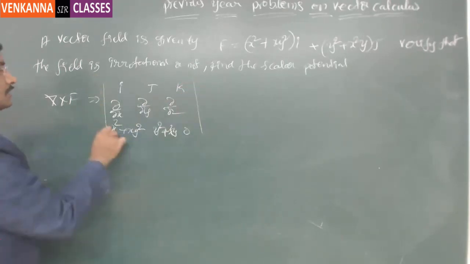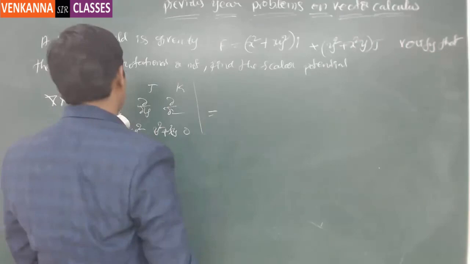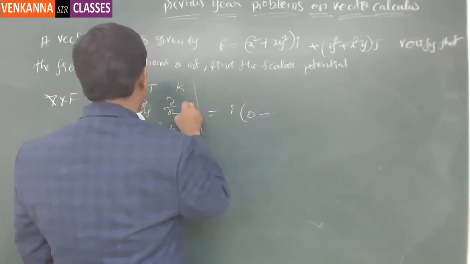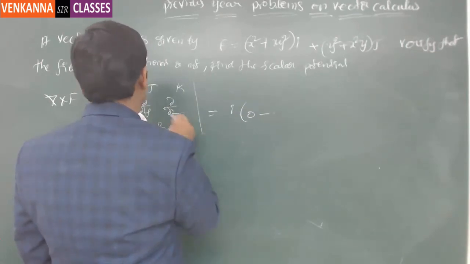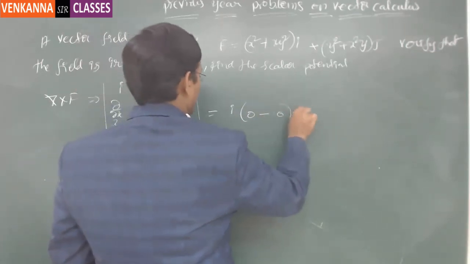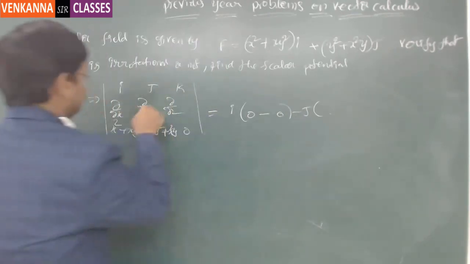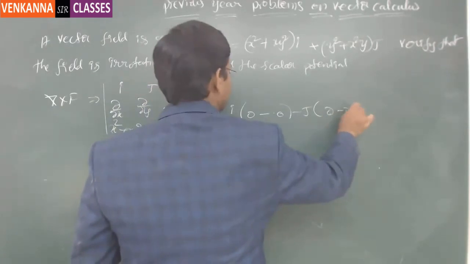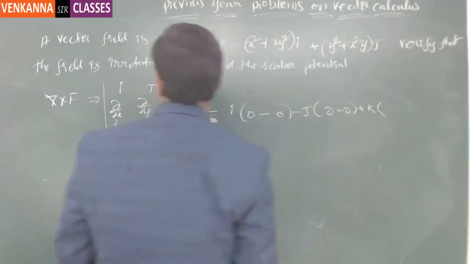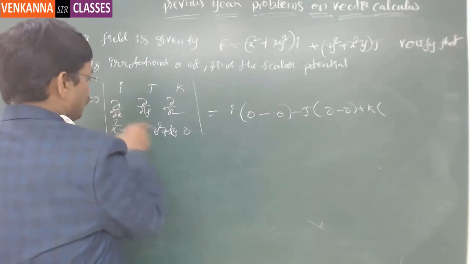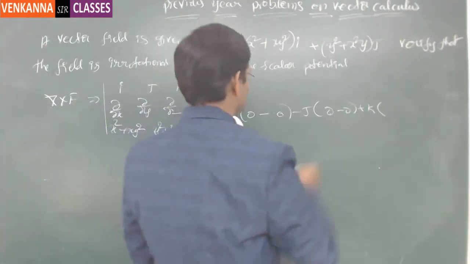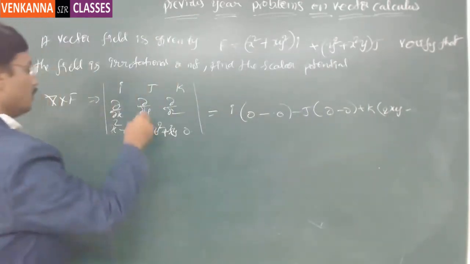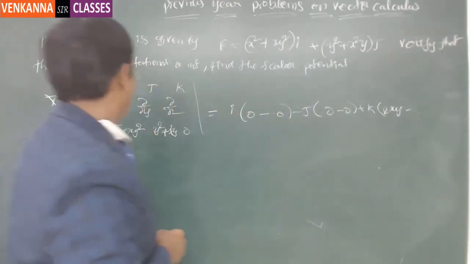For this determinant, the value is going to be i into 0 minus dou by dou z of this, which is 0, minus j times 0 minus 0, plus k times dou by dou x of this, which is 2xy, minus dou by dou y of 2xy.